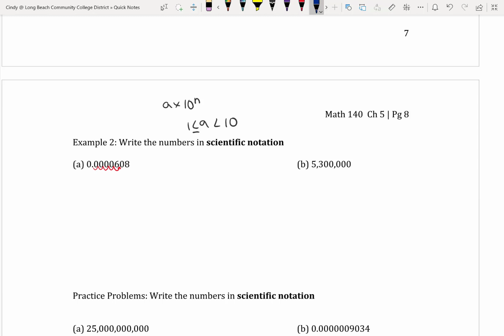So that tells me that my number is going to be 6.08. And let's count how many times I moved this over. So it was 1, 2, 3, 4. Let me see, I lost my count. 1, 2, 3, 4, 5. So I went 5 places. So this is to the negative 5th power.